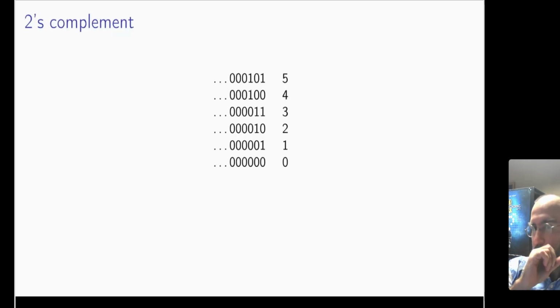And then we're going to represent binary numbers using 2's complement, which probably many of you are familiar with. The basic idea is, here we're counting down in binary: 5, 4, 3, 2, 1, 0. And if we imagine the bits as an odometer, if you keep counting down past 0, it all rolls over to 1s.